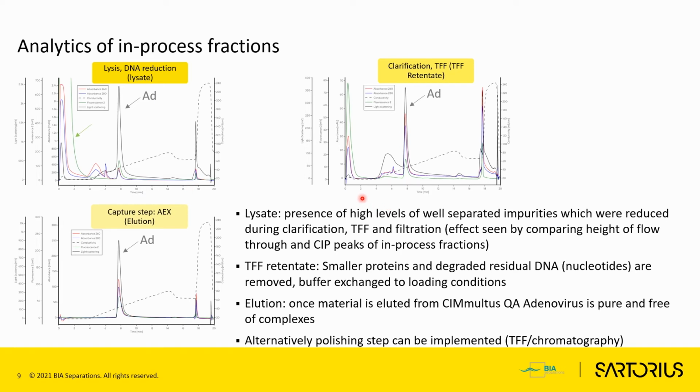With TFF, smaller proteins and degraded DNA residuals were removed, and the buffer was exchanged to loading conditions. And then finally, when material is eluted from CIMmultus QA, elution is pure and also complex-free. Additionally, if needed, a polishing step can be implemented. This is another TFF or another chromatography step for concentration and/or buffer exchange.